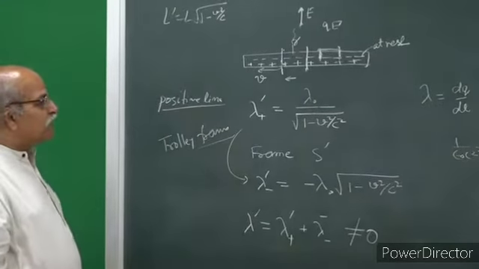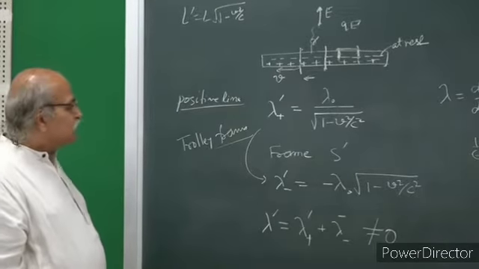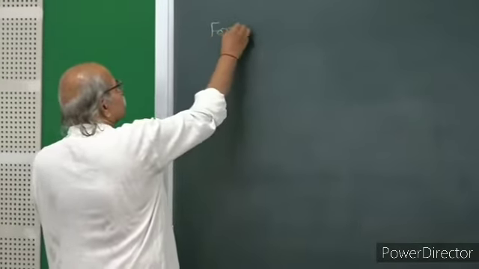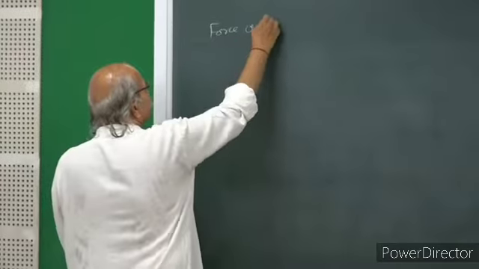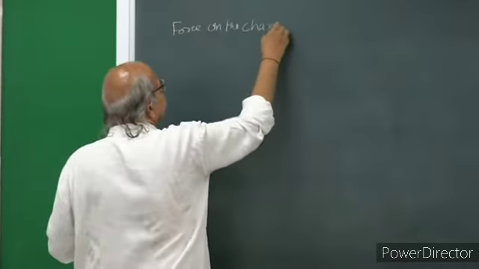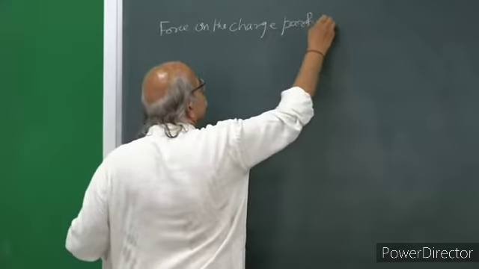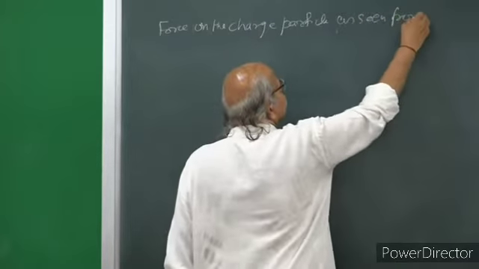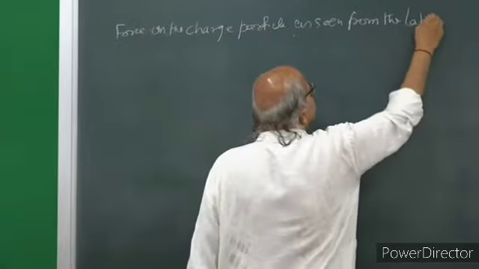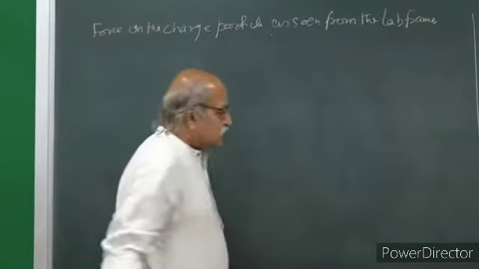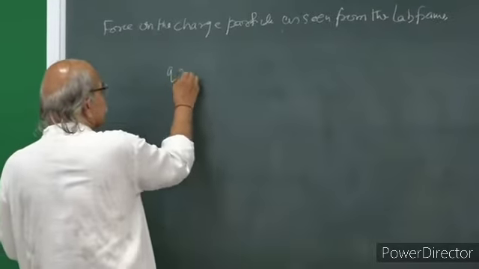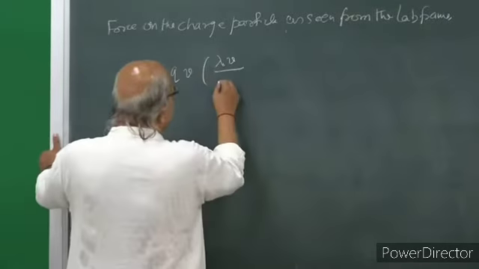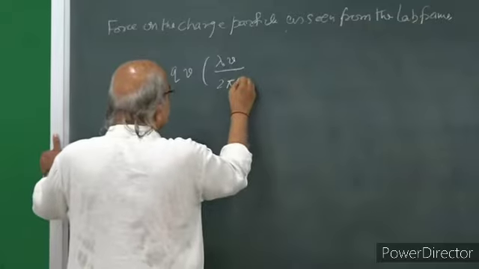So, if I come back to the lab frame and erase all these things from here, the force on the charged particle as seen from the lab frame will be q into v and into lambda naught v divided by 2 pi r, with mu naught here.